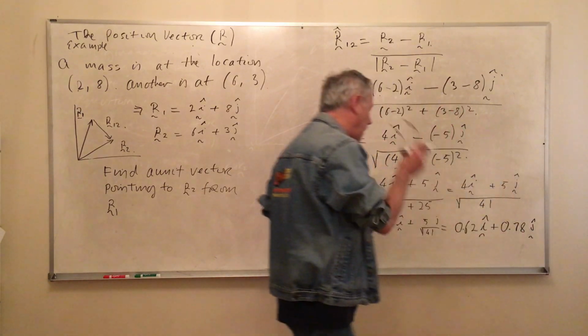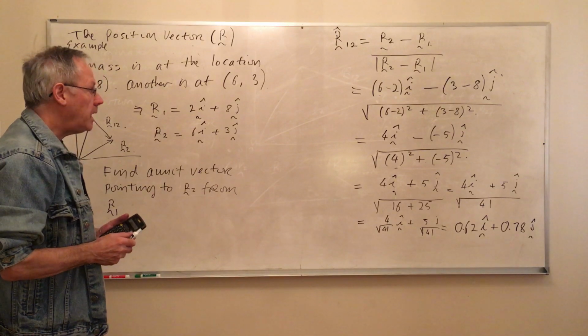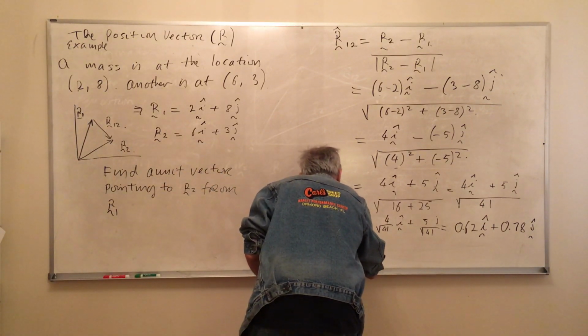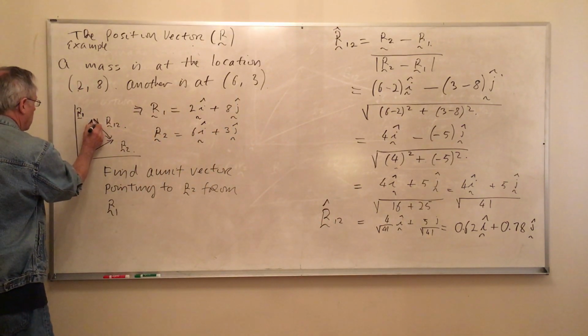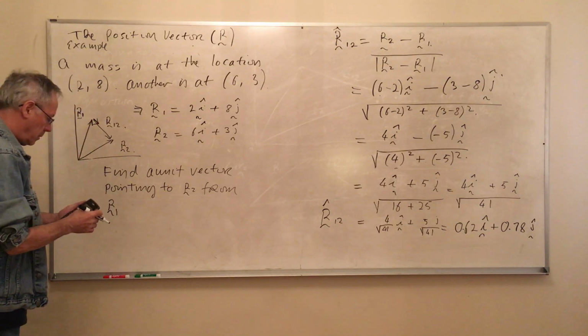So this particular vector has components 0.62 in the i direction and 0.78 in the j direction, and that is the unit vector R12. And where is it? It's here, going along that direction, but of unit length.